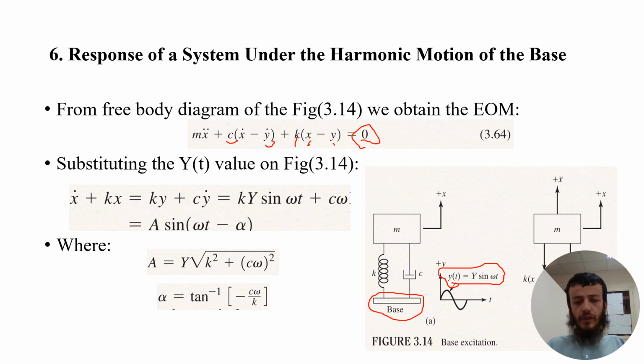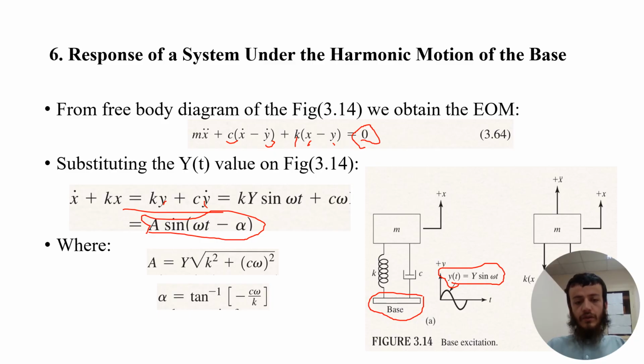Substituting the value of y(t), and taking y terms on the right side, we will have this equation. Then put the value of y here, take the first derivative of y, and you will have an equation like this. Finally we have this term, where A is the absolute amplitude of the system.